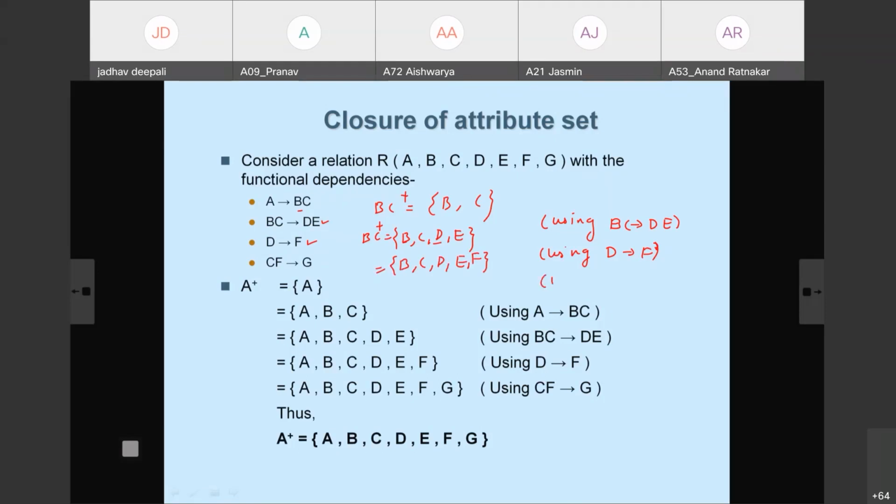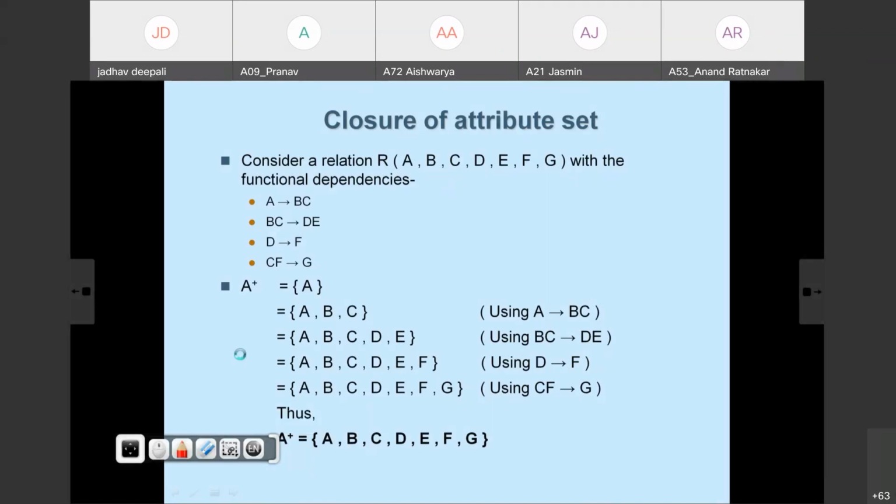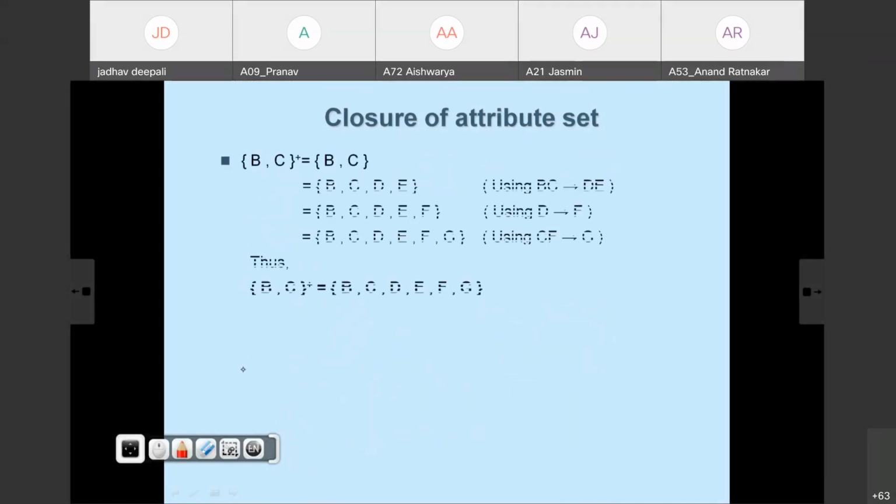Next one, using CF tends to G, C and F both are in the result, so we add G in the result. So when we find the attribute closure for BC, we get B, C, D, E, F, G, these attributes of the relation in the result, but not A. In this way.